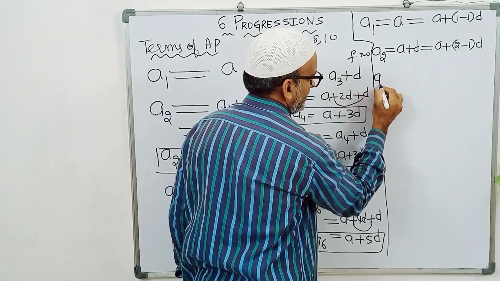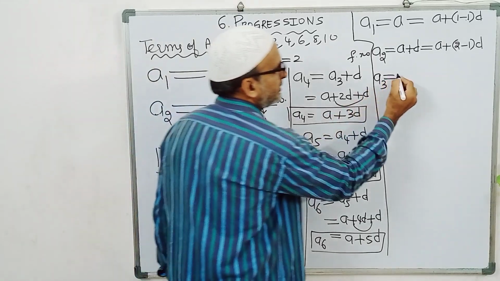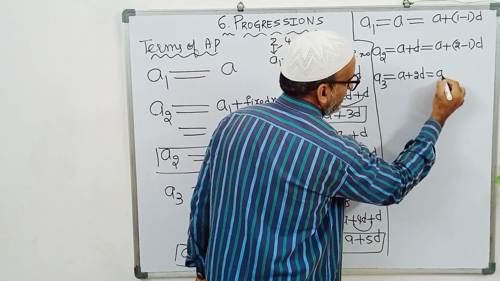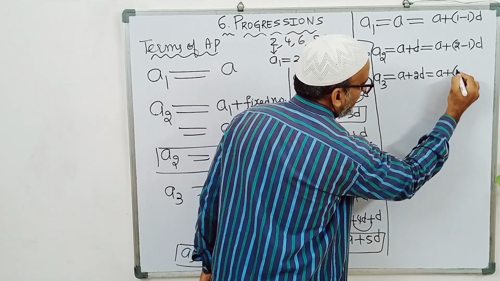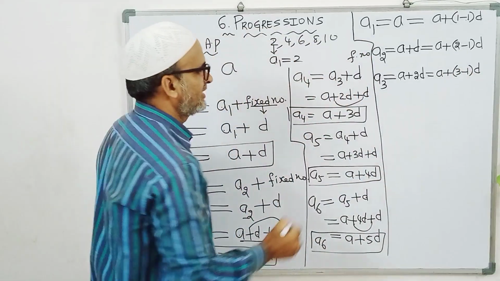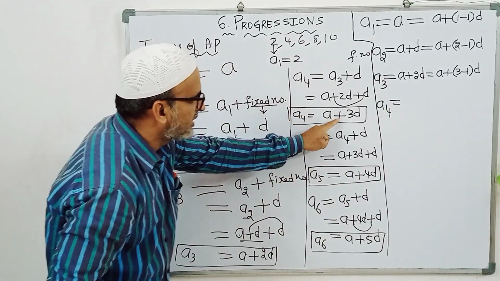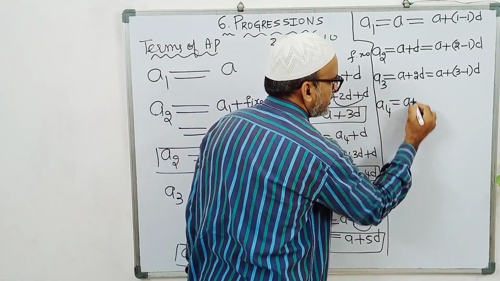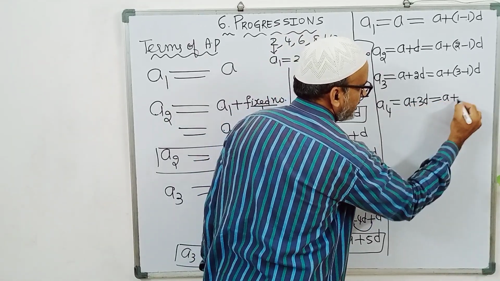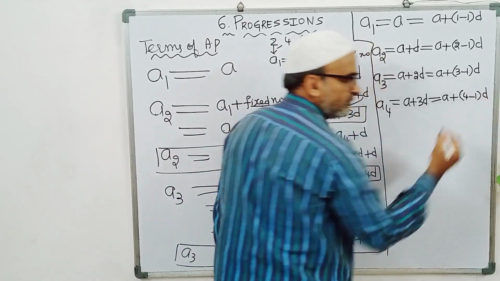Next, concentrate. A3 is equal to A plus 2D. Can I write 2 as (3 minus 1) into D? Next is A4, equal to A plus 3D. Can I write 3 as (4 minus 1) into D?